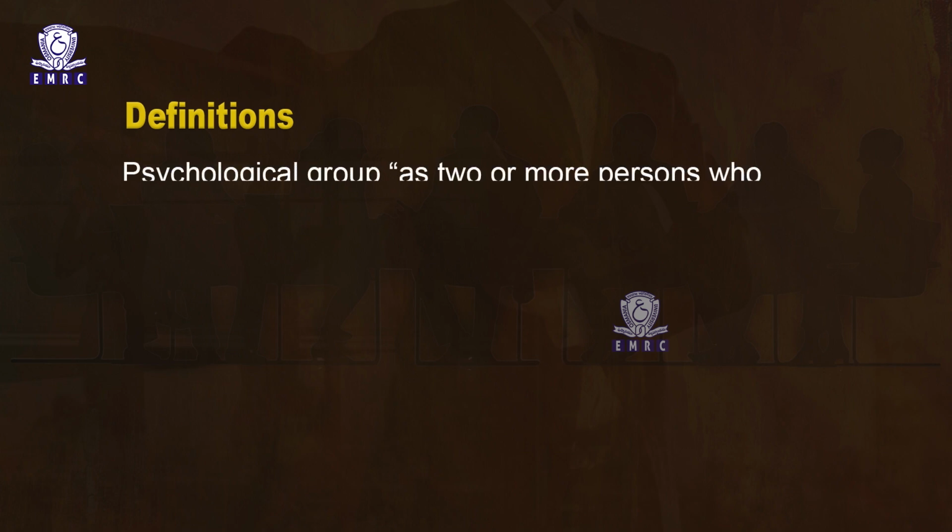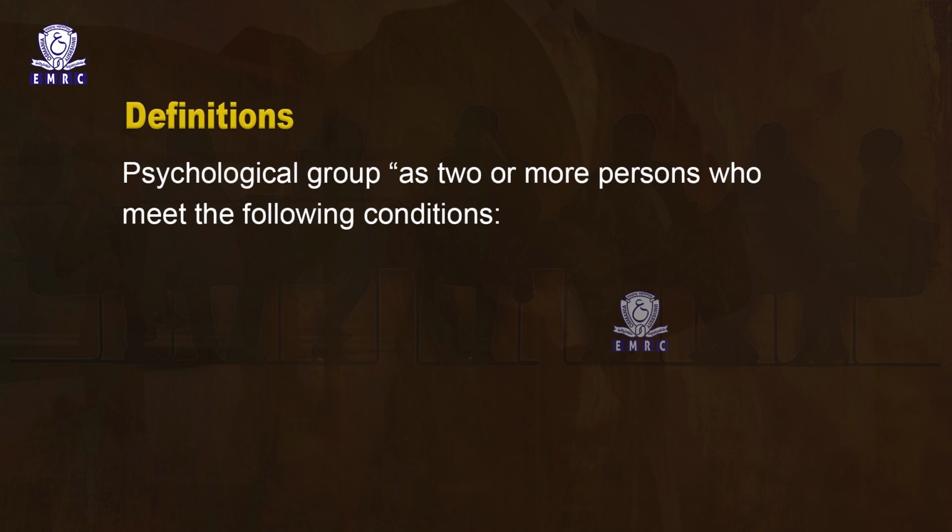The concept of groups is so multifaceted, and that's why experts hold different perspectives about groups, but both of them are right from their angle. Now, let's examine another definition. Krech and his team define a psychological group as two or more persons who meet the following conditions.